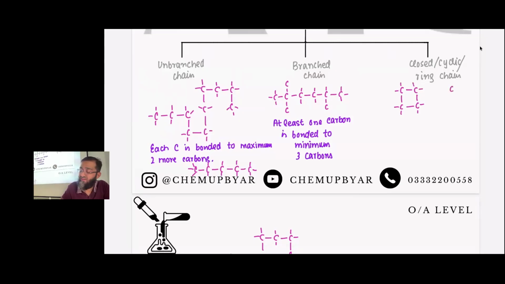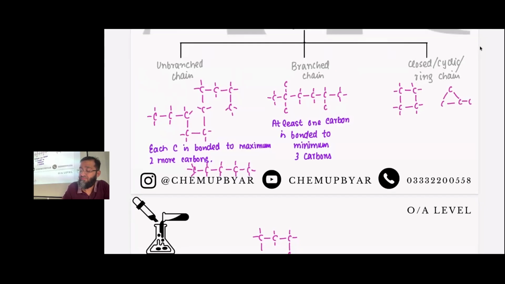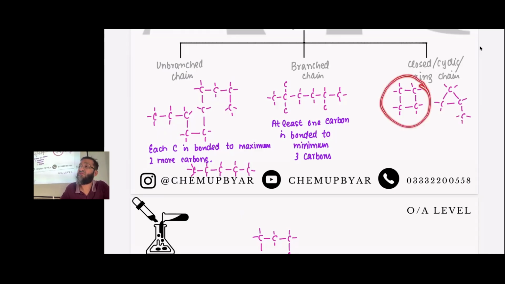For example, if I draw this structure, it's a ring structure, but there is one carbon which is bonded to only one carbon. So there are two types of cyclic structure. One is this one, for which your statement is correct. But these are also considered cyclic or ring structures. So how can you define or figure out the ring structures?